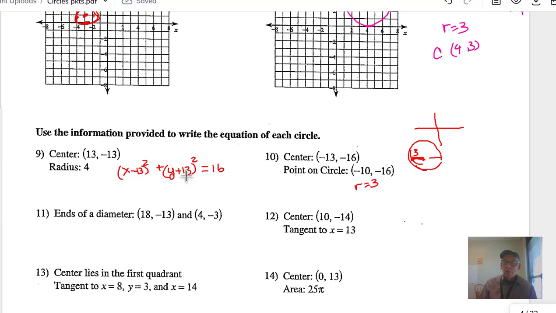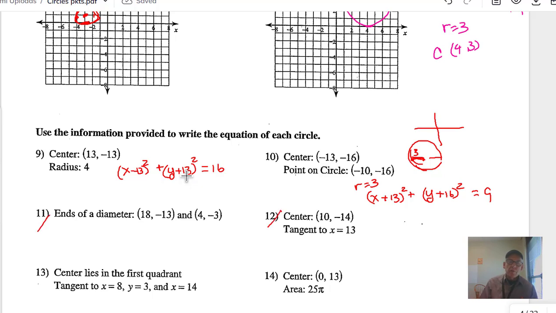So the equation of the circle is going to be x minus h squared, which is the opposite of a negative 13, which is positive 13. So x plus 13 squared plus y plus 16 squared equals the radius squared, which is 9.